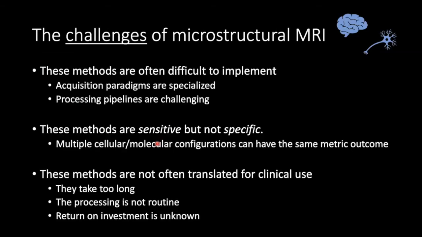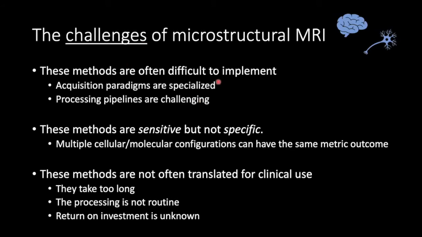That said, there are a lot of challenges to microstructural MRI, and of all those clinically relevant images I showed on the first slide, really not many of them use these techniques. Our goal should be to get these techniques to become more used clinically. Part of the challenge is that they can often be difficult to implement.